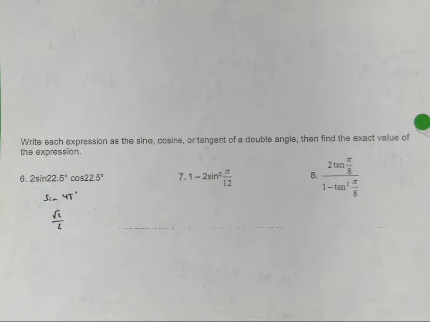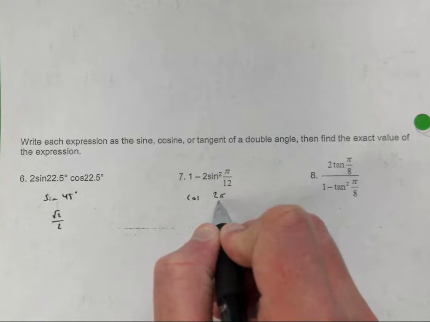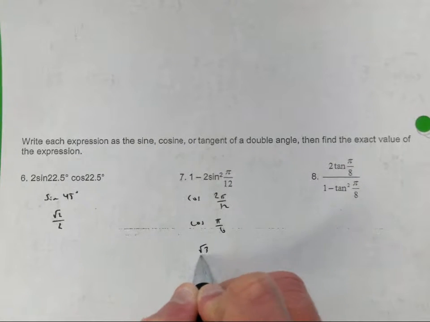It's this one right here, isn't it? Does that look like that? So that means you're going to write the word what down? Cosine, and do what with that pi over 12? Double it. What's pi over 12 plus pi over 12? 2 pi over 12, which is pi over 6. Good. So I'm going to write the word cosine down. That's going to be 2 pi over 12, which reduces to pi over 6. And that would be square root of 3 over 2.